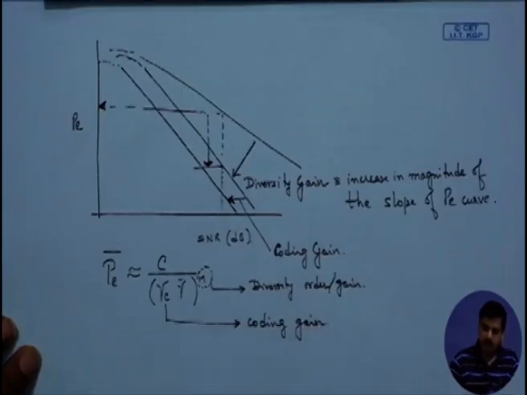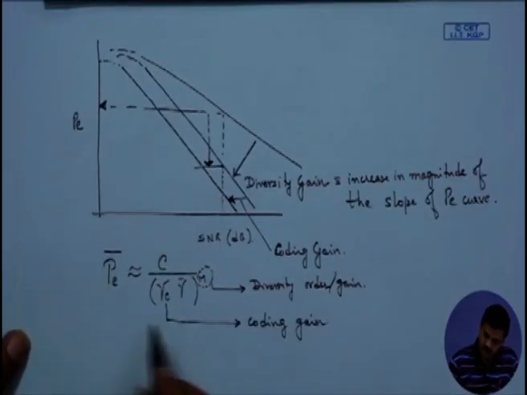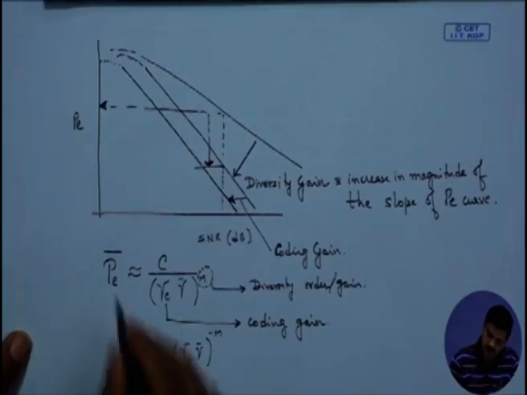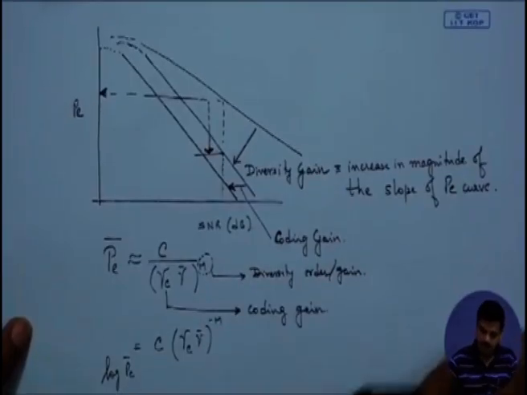So this is how these two gains can be understood when looking at the probability of error expression. And if we take a look at this particular curve, it would be evident that this is also equal to C gamma bar raised to the power of minus m. So if I take the log of the probability of error, because this is in the log axis, we could take it in the log domain.